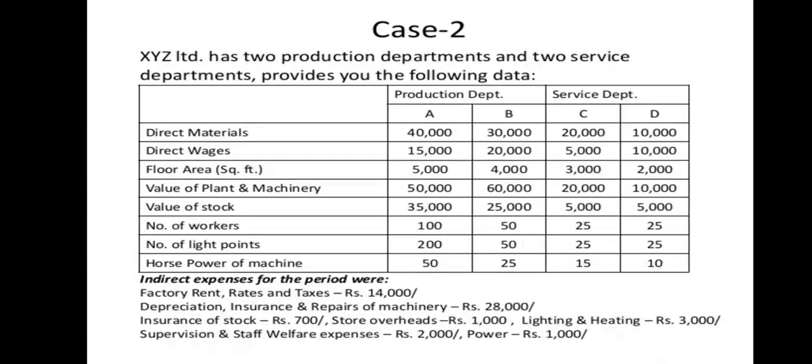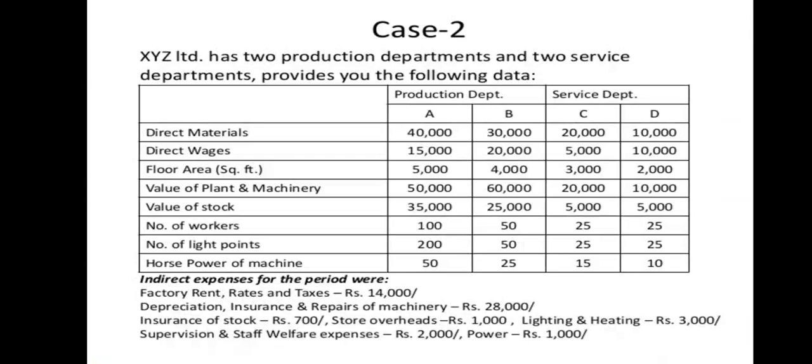Number of light points 200 for production department A, 50 for production department B, 25 for service department C and 25 for service department D. Horsepower of machine, the speed of the machine, production department and service departments apportionment 50, 25, 15 and 10.